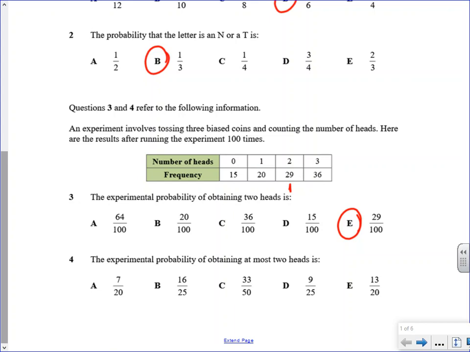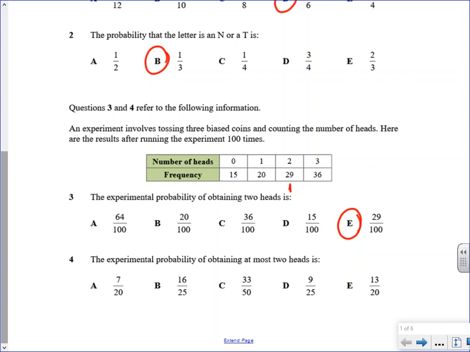And then we also want to see what's the experimental probability of obtaining at most 2 heads. So when we're saying at most 2 heads, that means it could be 2 heads, or it could be 1 head, or it could be 0 heads. At most, meaning it can't be any bigger than that. So basically everything that isn't 3 heads.